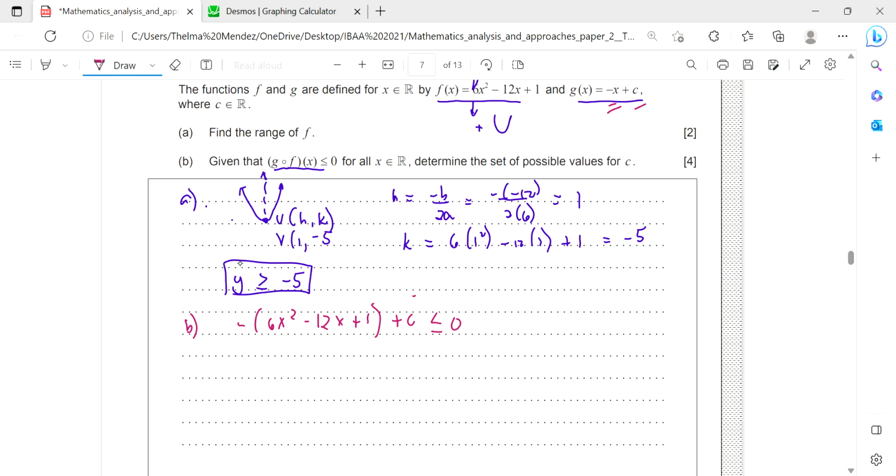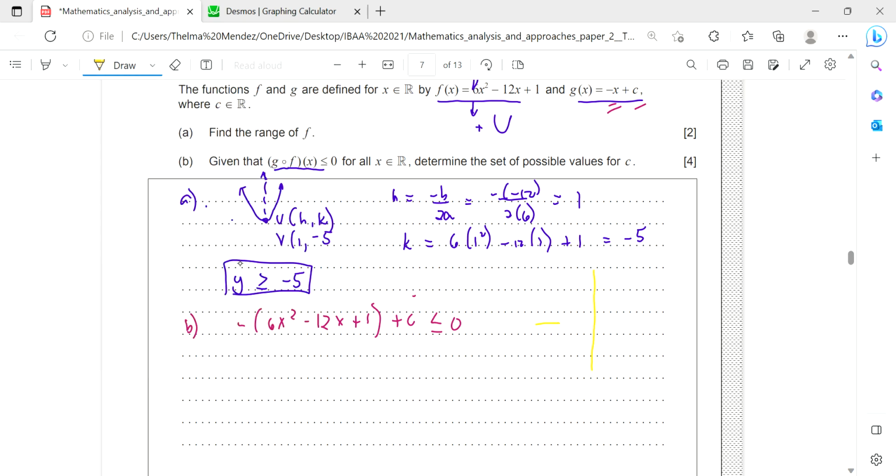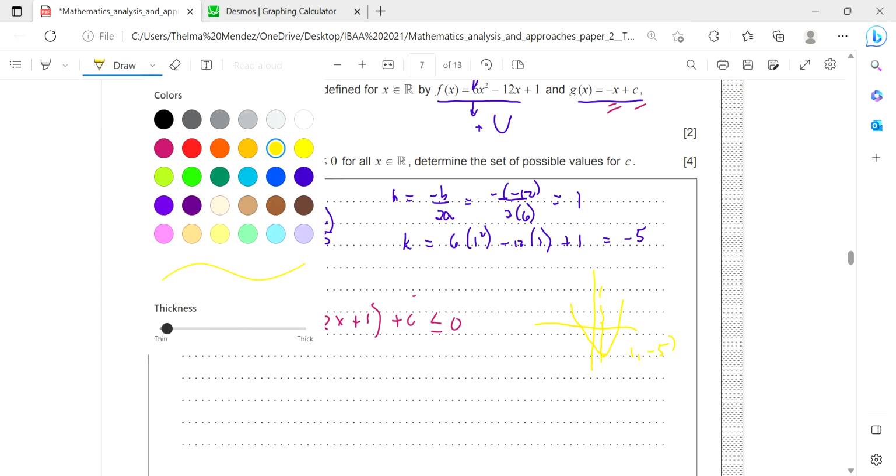You can see that the graph, let me draw to illustrate. So we have here 1, negative 5, and it has been flipped over. Because of this negative, it is reflected over the x-axis.